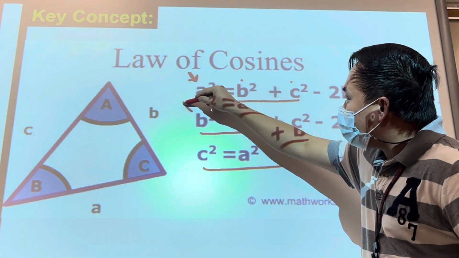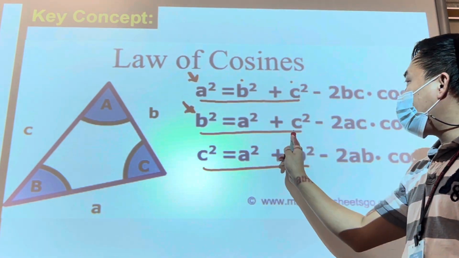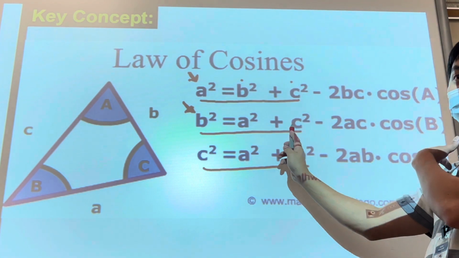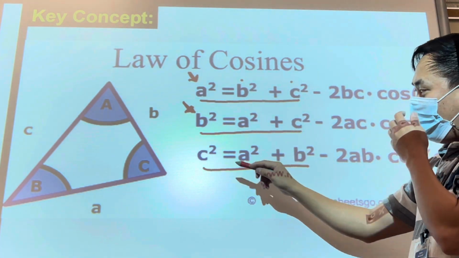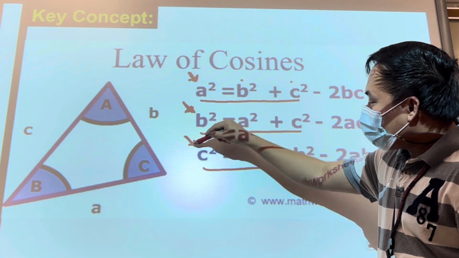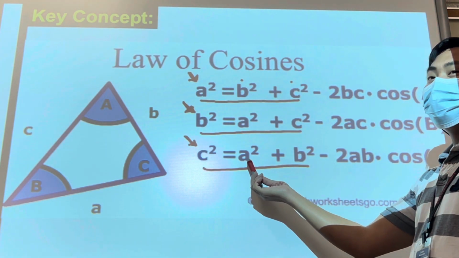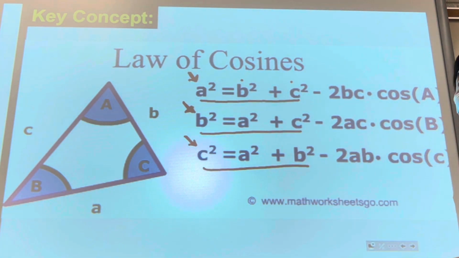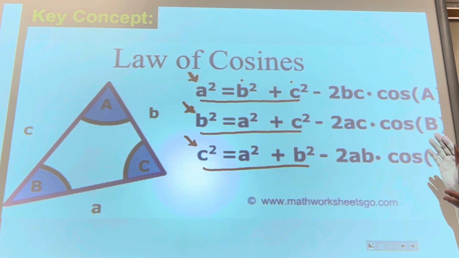If B is the missing side, A and C are the two given sides. If C is missing, the other sides will be A and B, and are found on the other side of the equation. There's actually a pattern in making the equation. So that's the first part of the equation there.